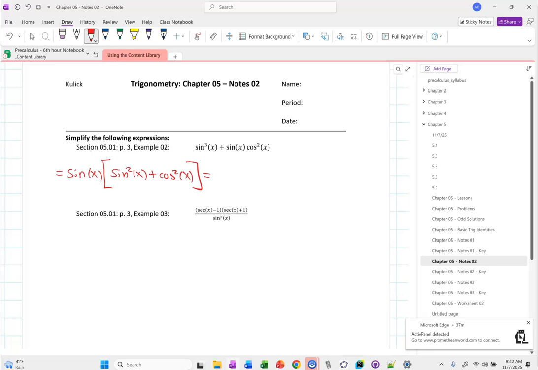Everybody observe what I'm talking about? So typically now, after I've done an algebra step, I'm going to take my identity sheet and look for an identity that I can use with the intention of making this simpler. So, sine x is just one thing. Unlikely I can do anything there.